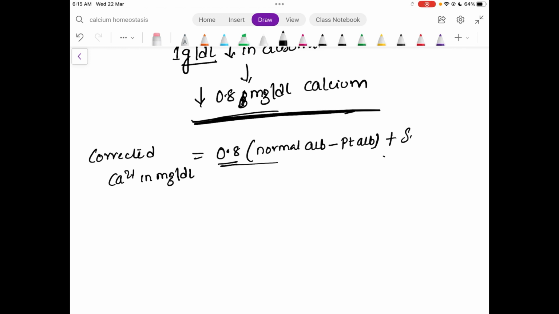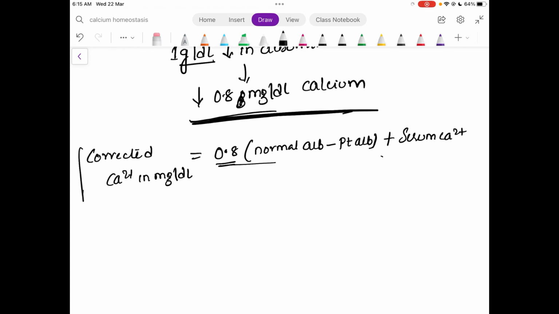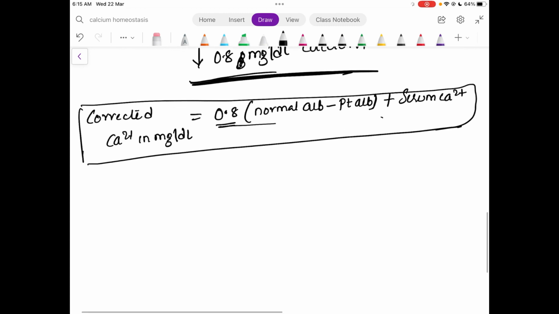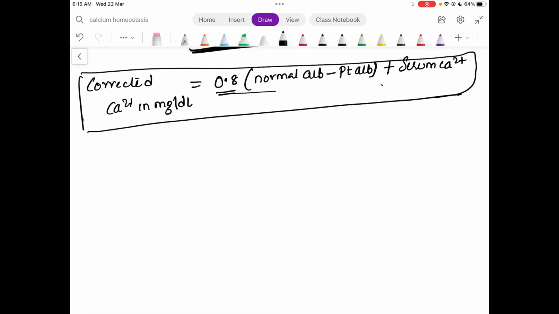We add the measured calcium value, and we get the corrected calcium value of the patient.